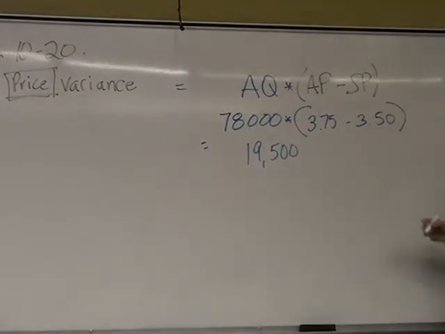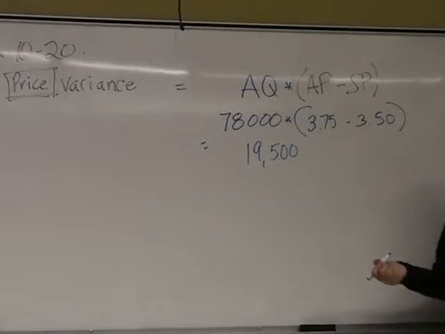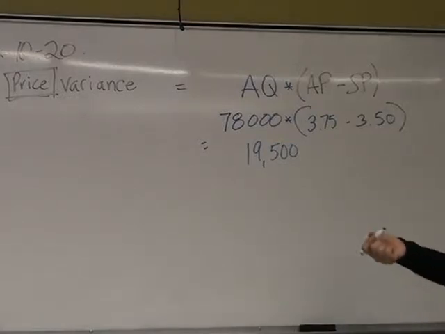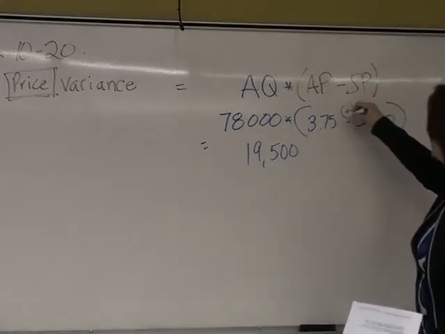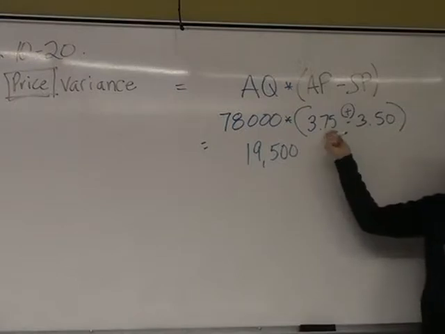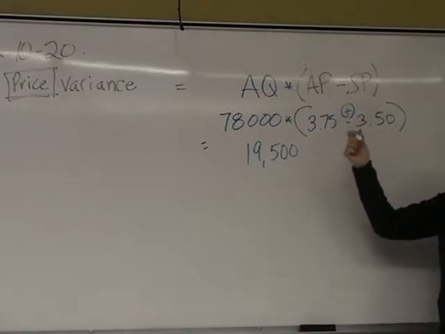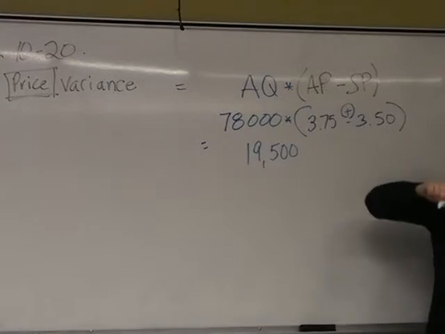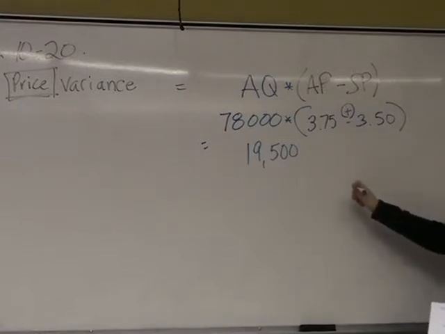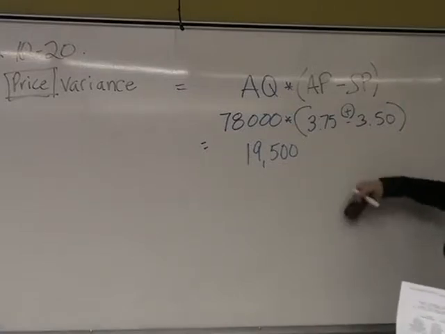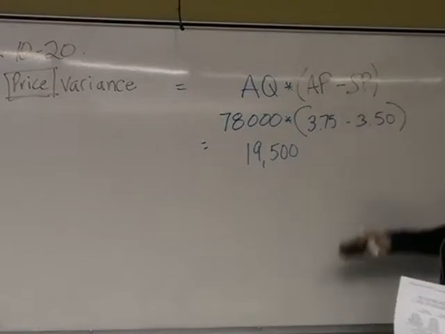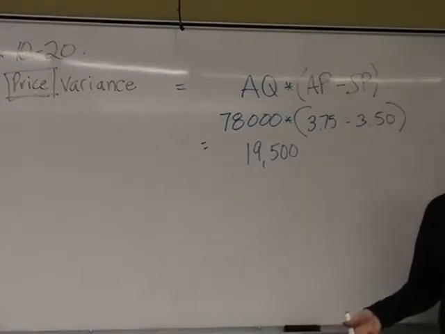Now, how do we decide if it's favorable or unfavorable? It's positive, so that means it's unfavorable. But rather than just trying to remember if positive or negative is unfavorable, because people often think unfavorable is negative, what I like to do is think whether I spent more or less than I wanted to.